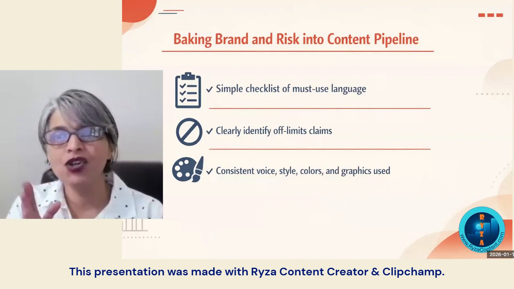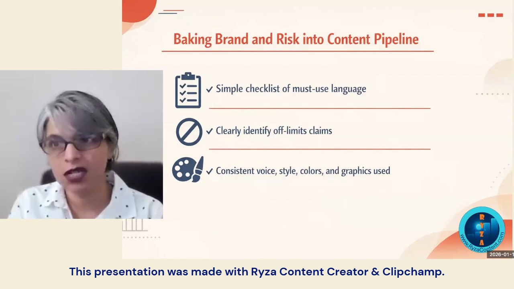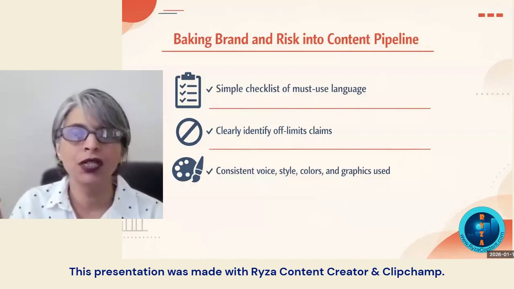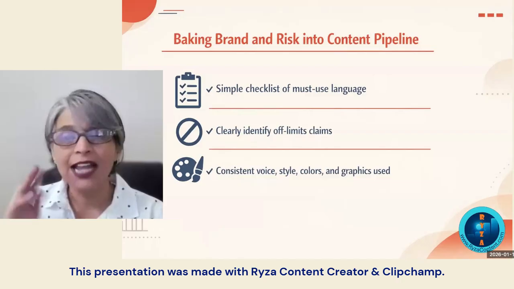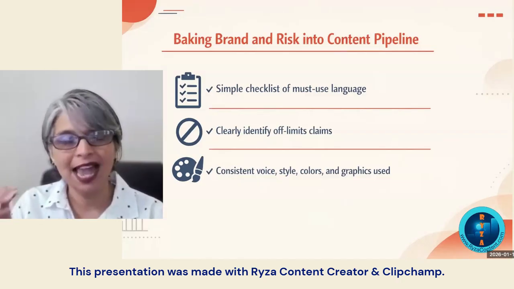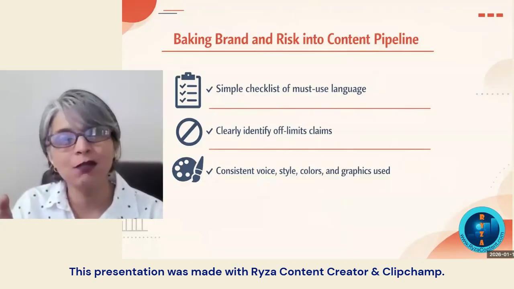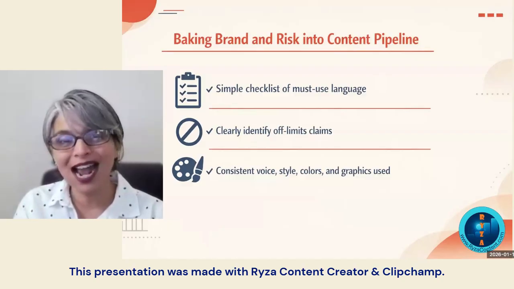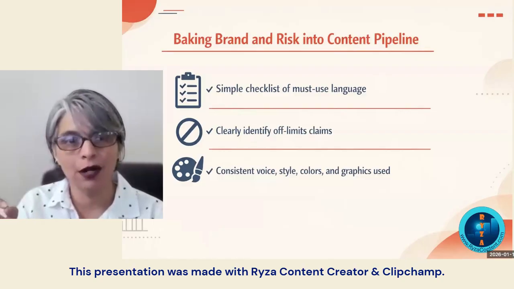So make sure that you have a consistent voice, style, colors, and style of graphics. I know a lot of people who use Gen AI tools, but they have massive prompts saved in their systems. Again, system is the key word here, so that their output remains on point with minimal edits required.